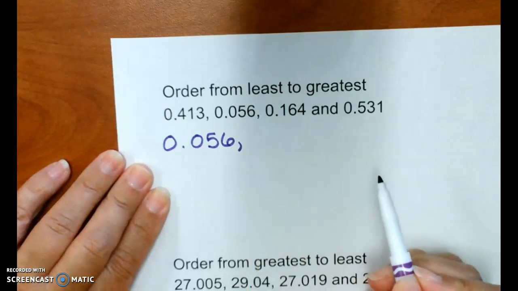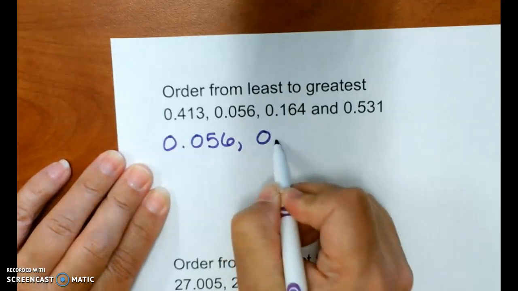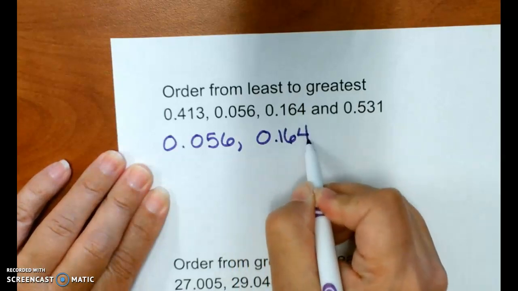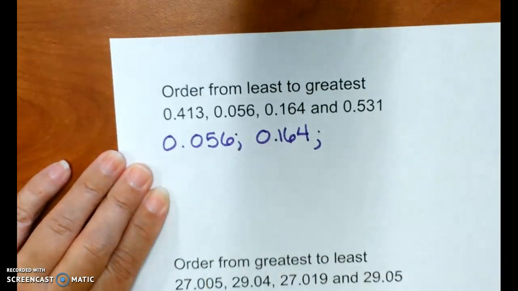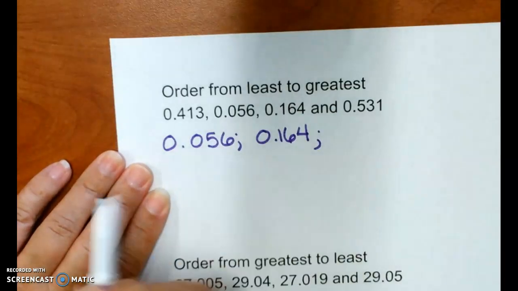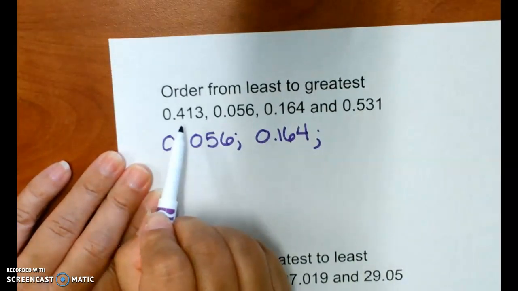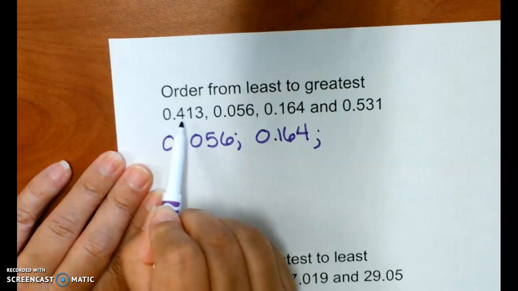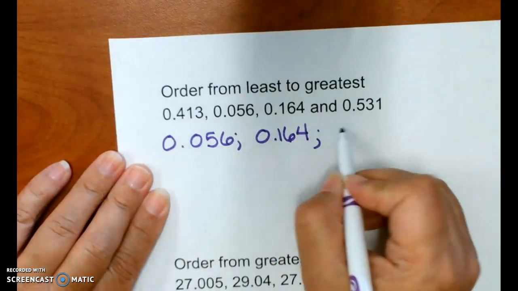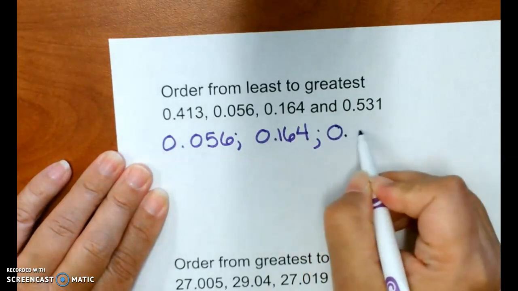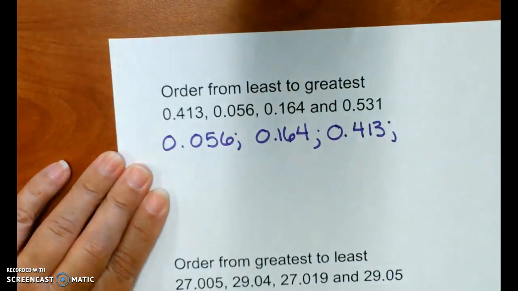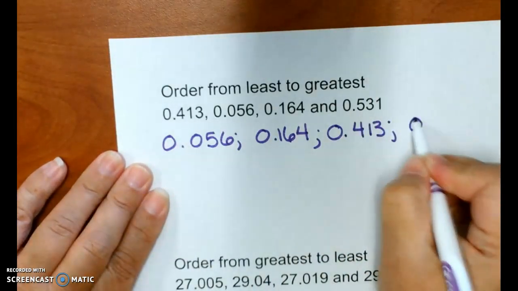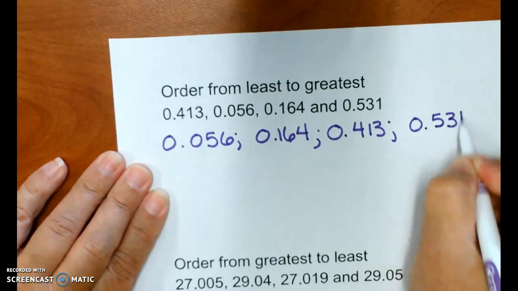That would be 1. So now I have 164 thousandths. I like to put semicolons between them so that way it doesn't look like it's one giant number. The next biggest number in the tenths place is a 4. So I have 413 thousandths. And then last is 531 thousandths.